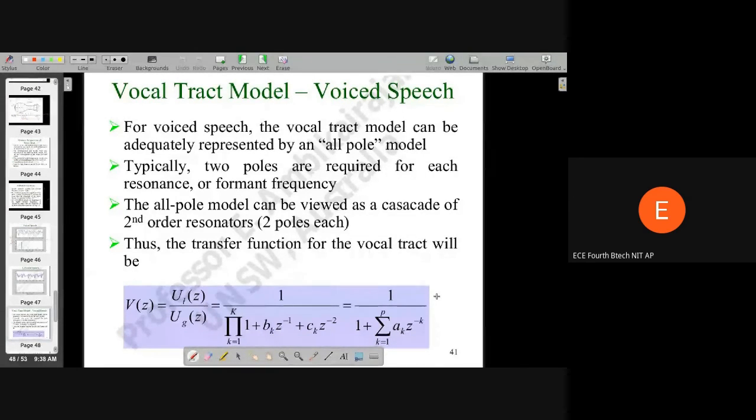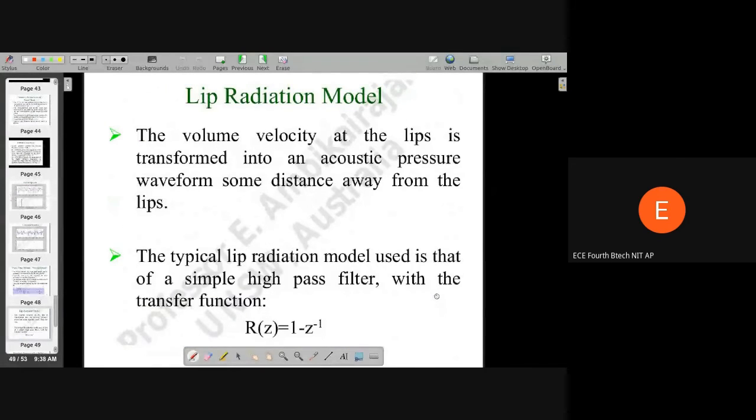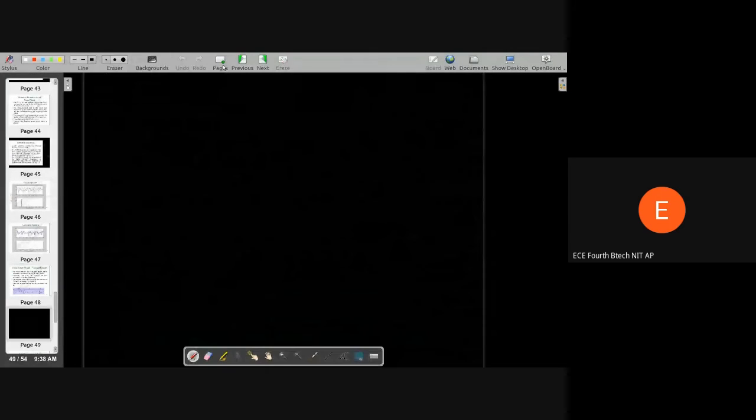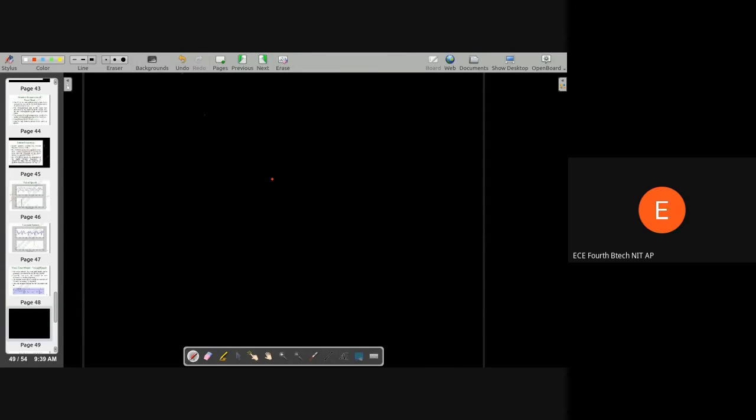If you remember, we discussed how a resonance is produced and how it is modeled.